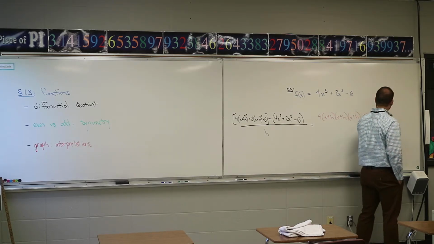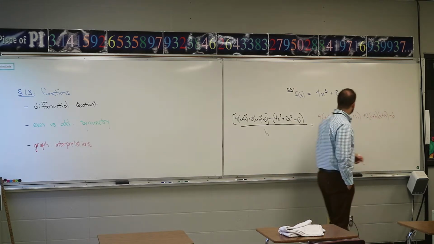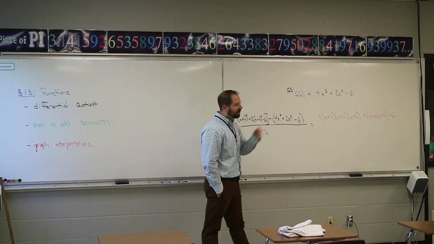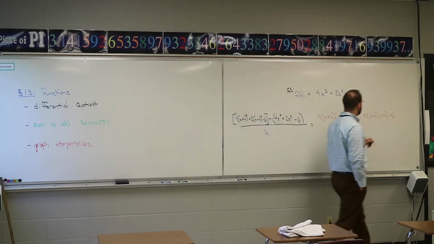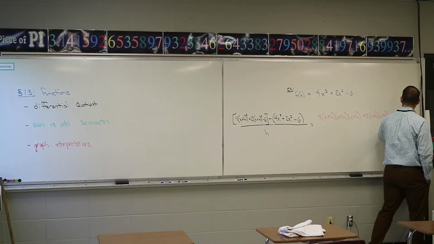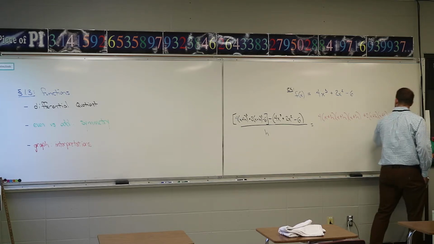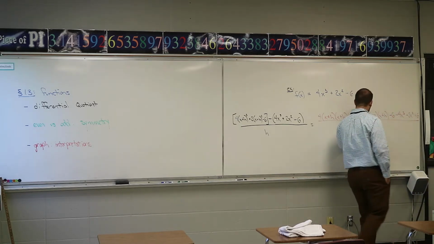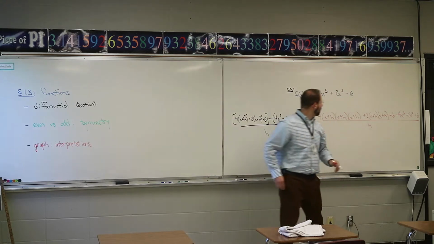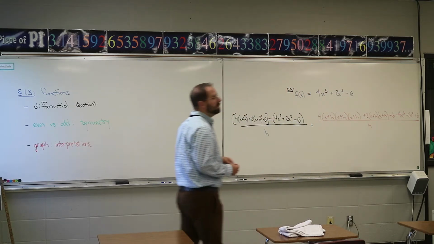I have the minus 6, and then like what Andrew was doing earlier, he distributed the negative sign, so you had the negative 4x cubed, negative 2x squared, positive 6, and this is all over h. Not easy.